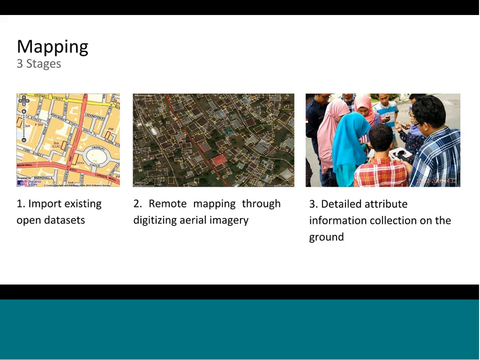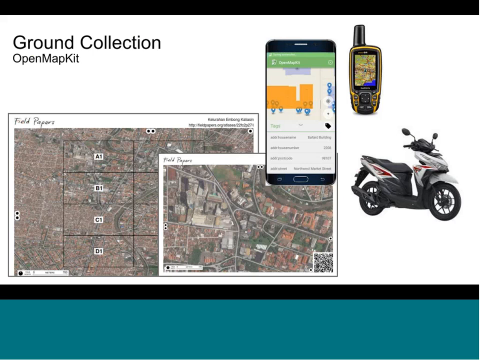It also syncs up so you can load that back into OpenStreetMap quite easily. This is an example of the tools that we go out into the field with for ground data collection. The phone has the OpenMapKit interface with the survey below it of the attributes that you're going to collect.